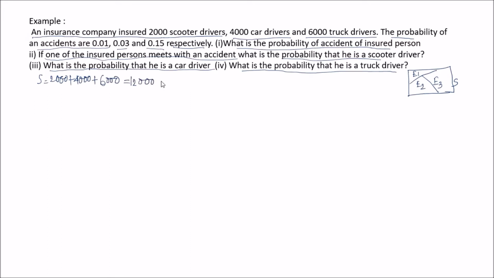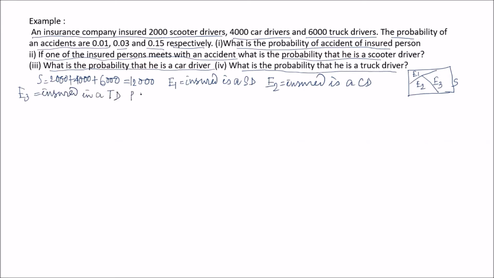Then let me define E1. E1 is that the insured person is a scooter driver. E2 is that the insured person is a car driver. And E3 is that the insured person is a truck driver.